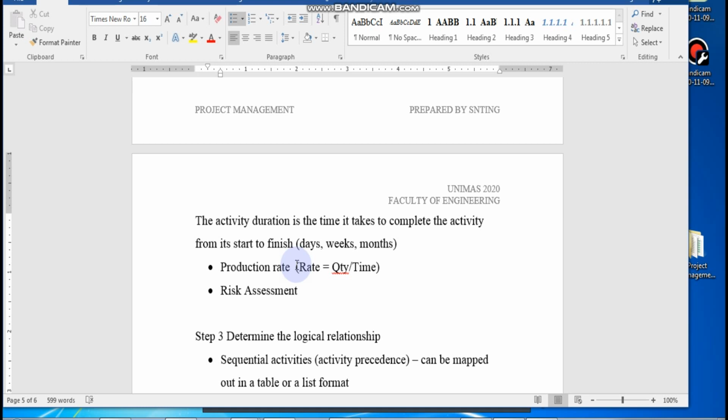Okay, so risk assessment is something that if you can input into your duration calculation, it will be highly favorable. That means your production rate can either be maintained or reduced, or in some cases you may want to up it a little bit. If you need to up it a little bit, then you need to get more resources.